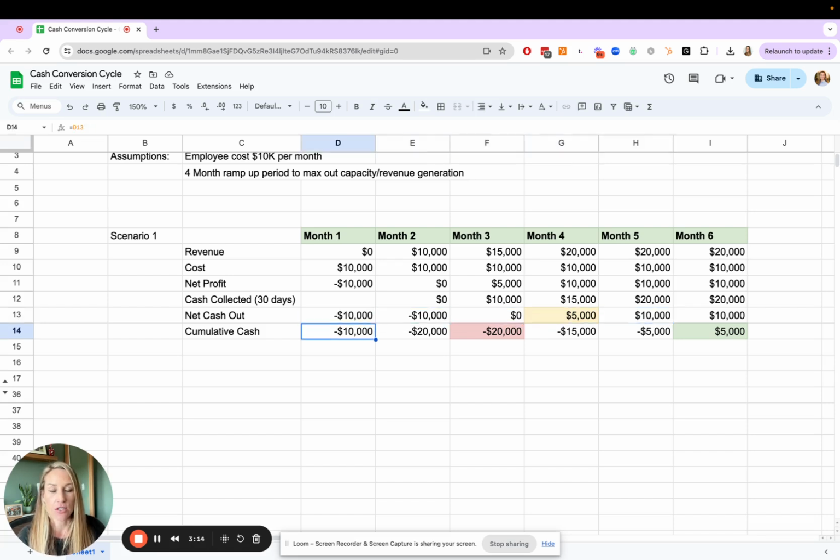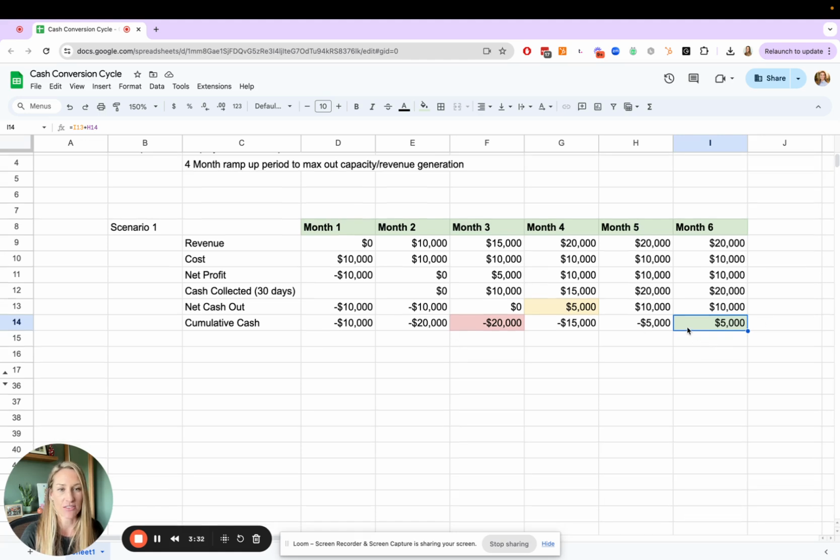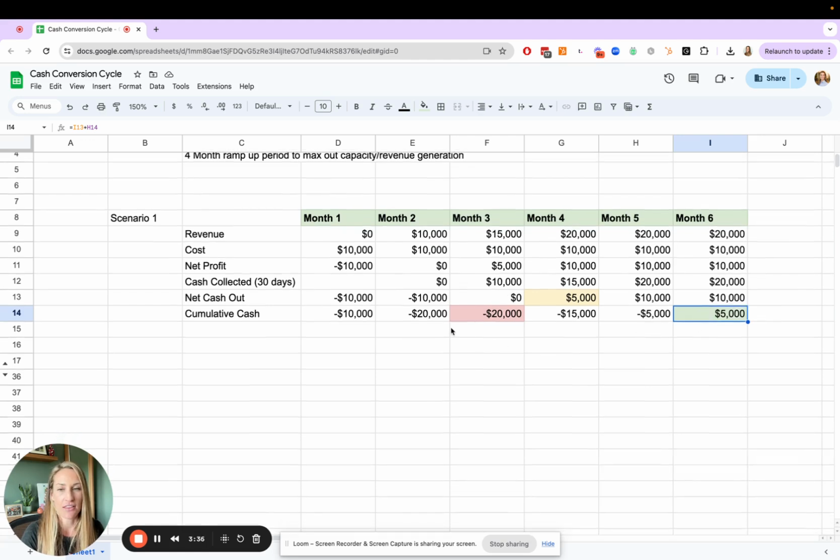Now, if we actually look at the cumulative cash, we can see that cumulatively the highest cash we had to output was $20,000 total to start generating cash from this employee. And it took us 6 months to get back to zero cash out. So that is the impact that hiring a new employee has.